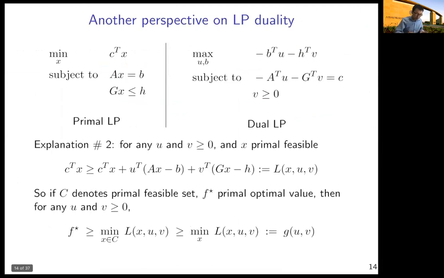Okay, so before that, let's introduce another perspective on the duality of linear programs. Let's start with the standard convex optimization formulation of the primal LP, and then try to derive the dual LP in a slightly different way. We can think about the problem of constructing the dual differently.